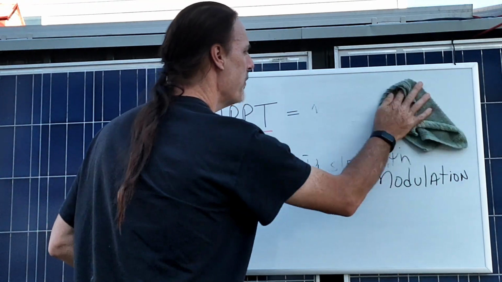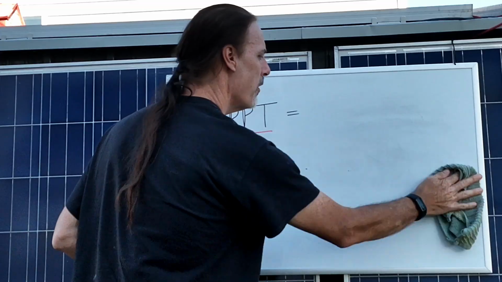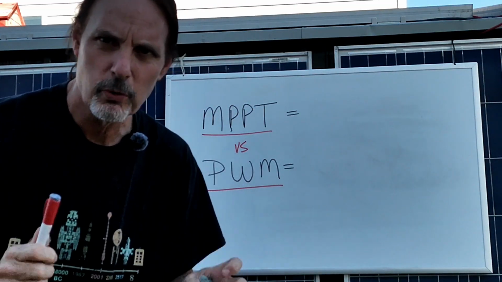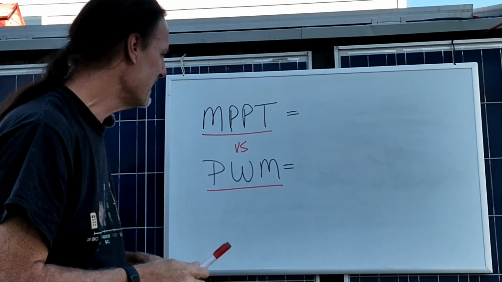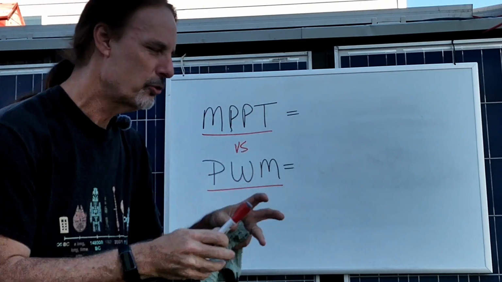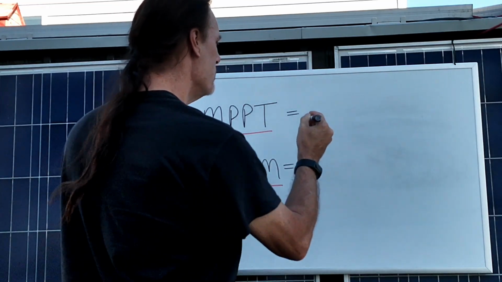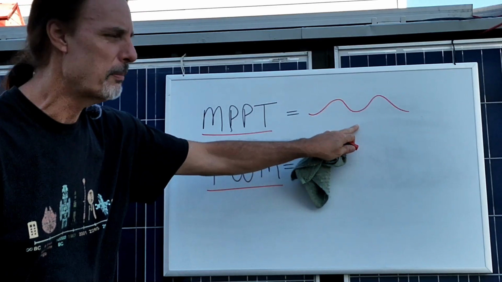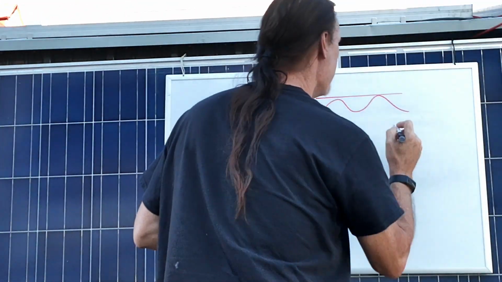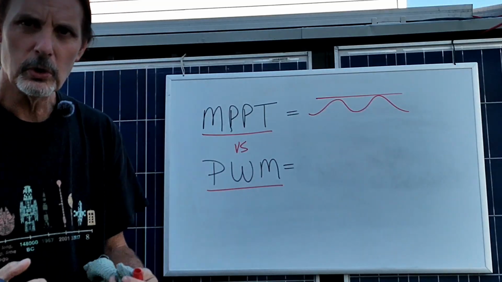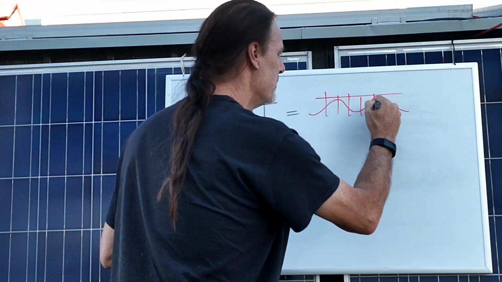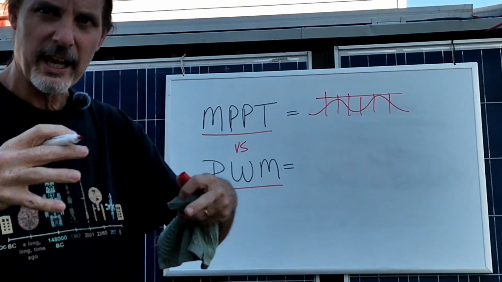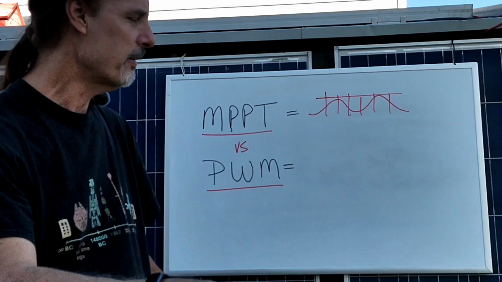Let's look at what they actually are. They are exactly as their names describe. Maximum power point tracking, the MPPT, is tracking the power coming in from your solar panels as the sun goes up and down. It tracks the maximum point it can pull at any given time during the day, pulling out the maximum amount of energy, converting it down, and sending it into your batteries.